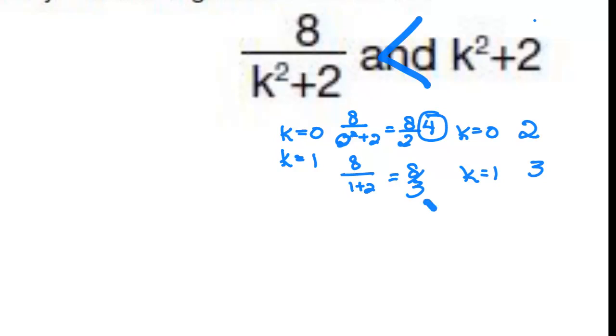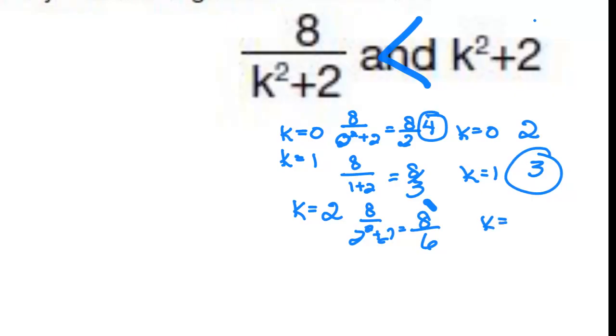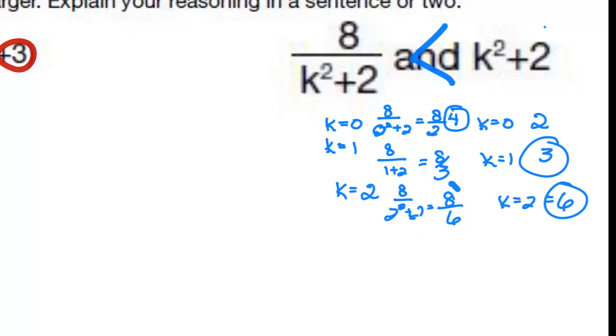And if I do k equals 2, 2 squared plus 2 gives me 8/6. Over here, if k is equal to 2, I get 6. 6 is larger. So the higher your k value number is, so it will be k.